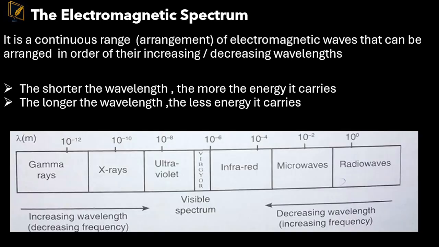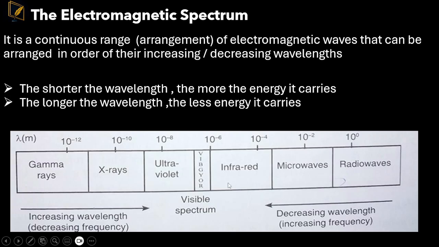This is the full band of the electromagnetic spectrum, where we have arranged the said examples of electromagnetic waves in a particular order in terms of their wavelength and frequencies. The values on top there are their frequencies. Here we are saying increasing wavelength. Going from the radio waves to the gamma rays, we have decreasing wavelength, whereas going the other way, we have increasing wavelength.